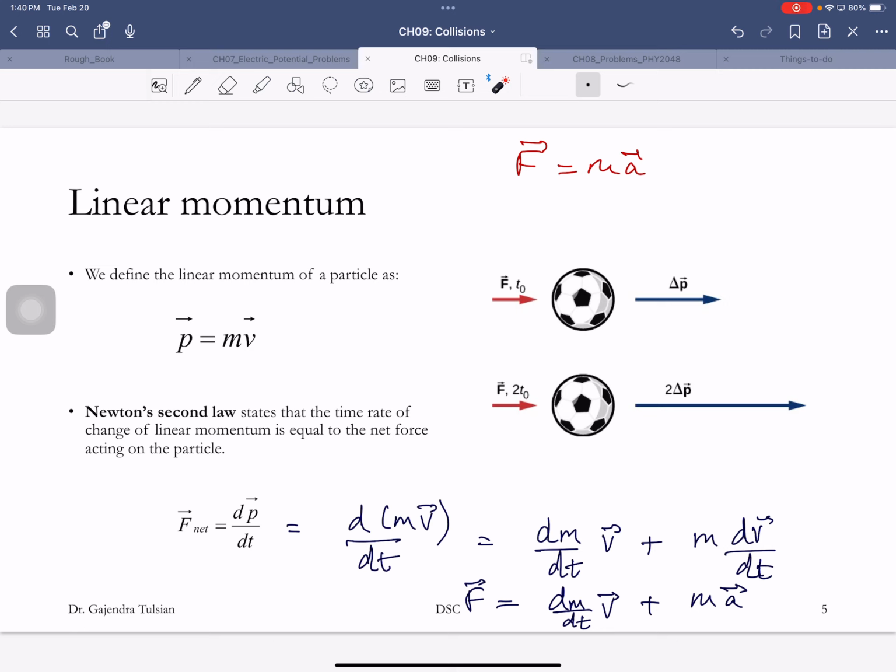The first one that comes to mind is a rocket. In a rocket, 90% of its mass is fuel, and it burns it very fast. So this term is sizable; in fact, this term can be larger than that term, so there you cannot ignore it.